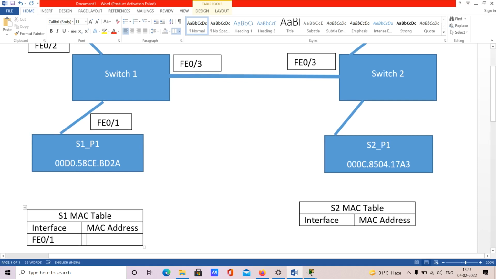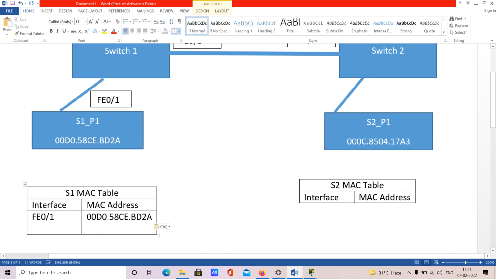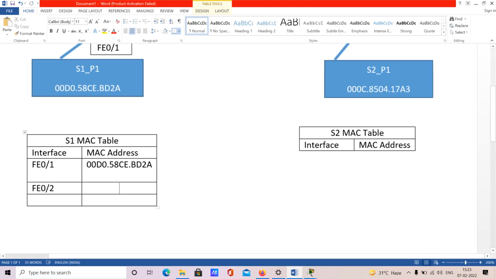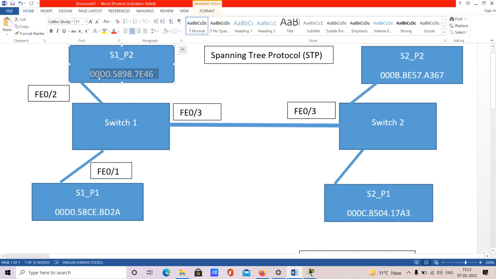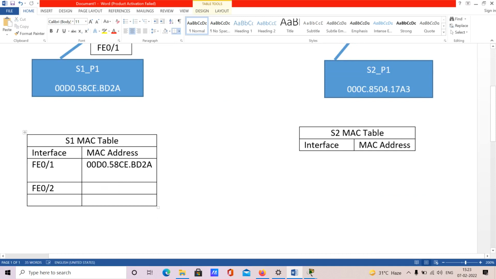How does the MAC table add the entry, or how does the MAC table actually look? Okay, FastEthernet 0/1. ओके, ये मशीन है और उस मशीन का मैक एड्रेस क्या है, ये है. तो ये मैं कॉपी करता हूँ और यहाँ पे मैं पेस्ट करता हूँ. तो इस तरीके से एंट्रीज या इस तरीके का मैक एड्रेस टेबल बनता है रेस्पेक्टिव स्विचेस में. सेम अकॉर्डिंगली FastEthernet 0/2 और आई एम गोइंग टू ऐड the MAC address.